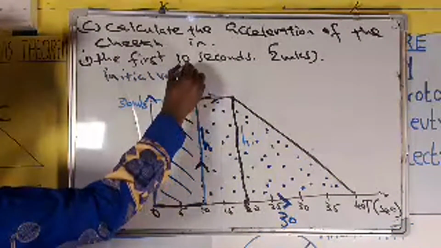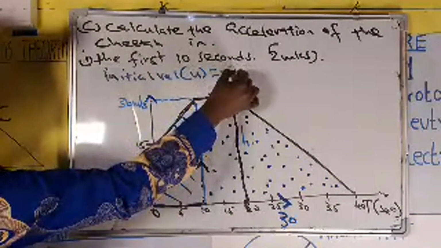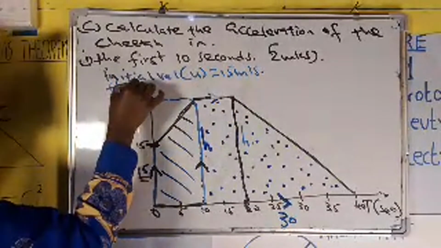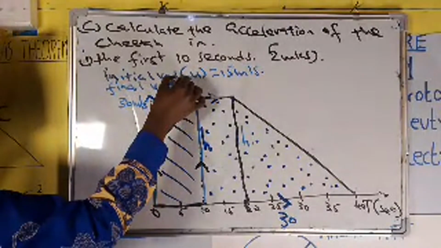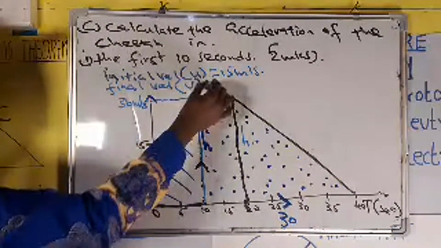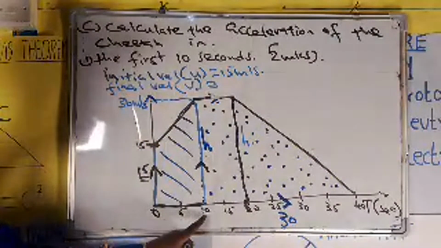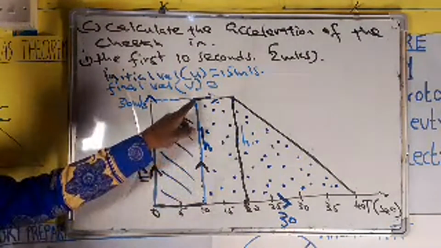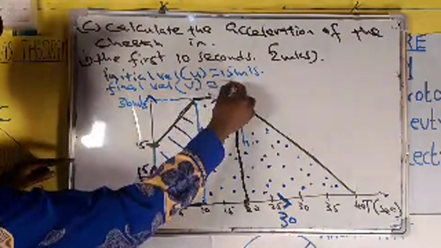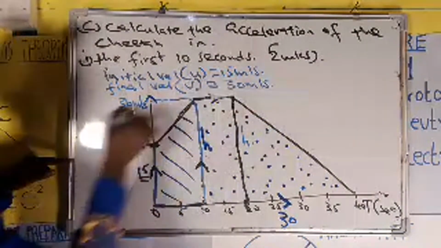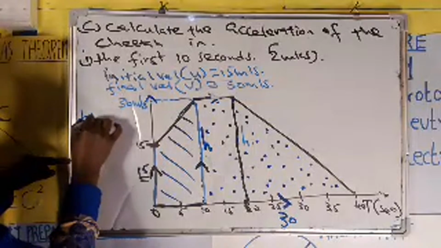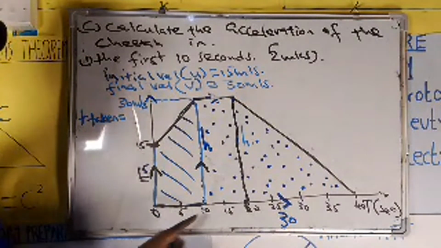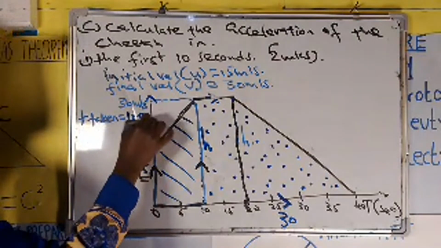Ama u ni 15 meters per second. Final velocity ama v itakuwa nini? Kwa 10, final ni nini? 30 meters per second. What about our time taken? Our time taken ni from 0 to 10, it is 10 seconds.